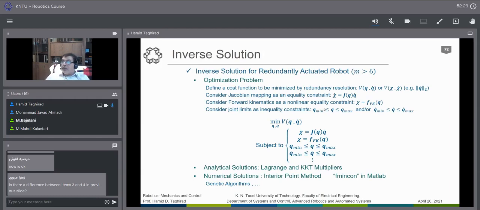And we shall solve this problem to find the redundant solution to our problem. And this is a very wide range of research.